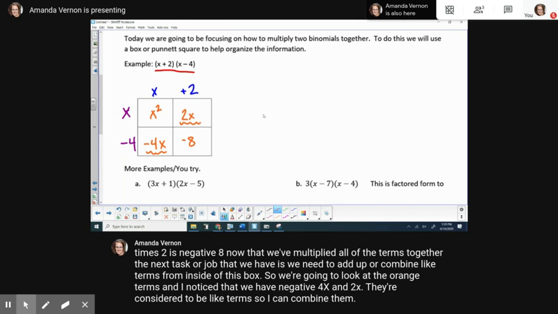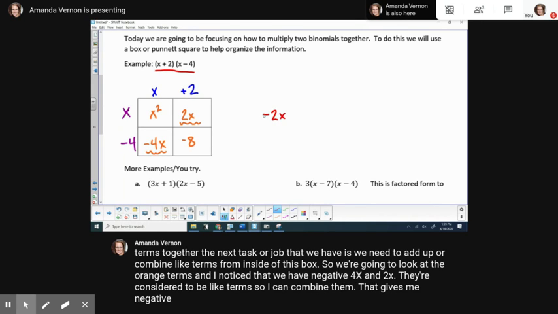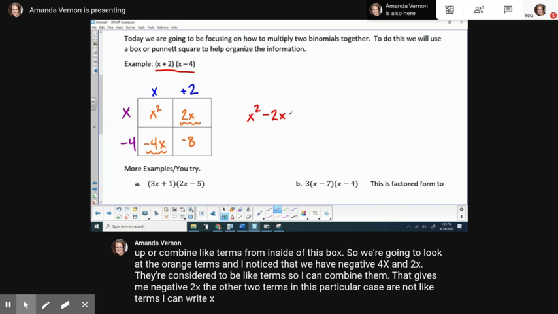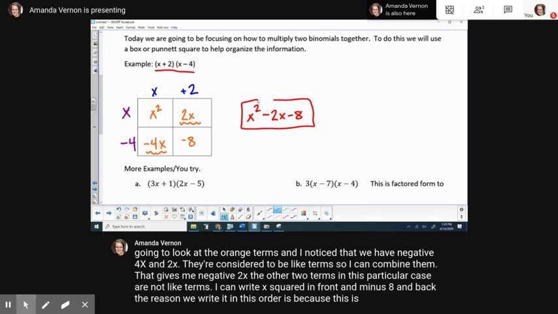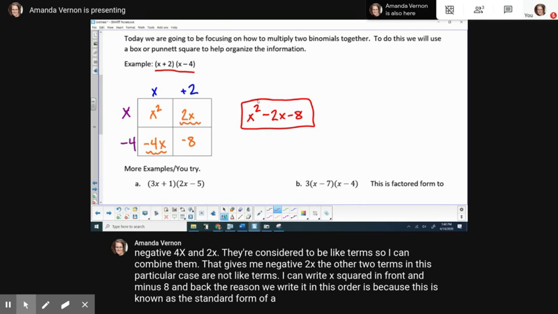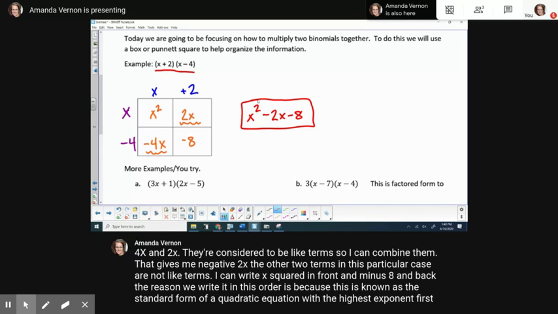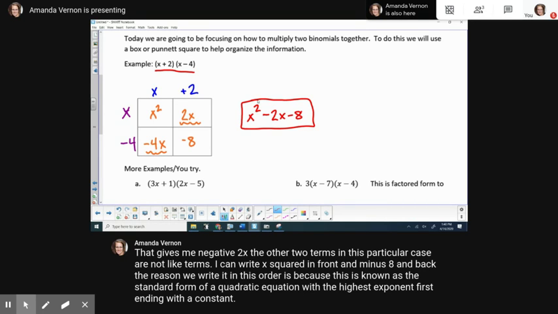That gives me negative 2x. The other two terms in this particular case are not like terms. I can write x squared in front and minus 8 in back. The reason we write it in this order is because this is known as the standard form of a quadratic equation, with the highest exponent first, ending with a constant. Let's take a look at two more examples.